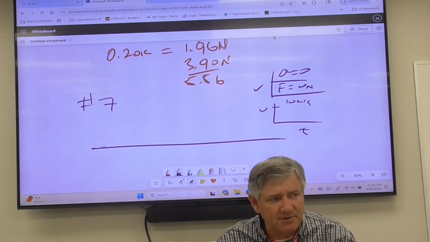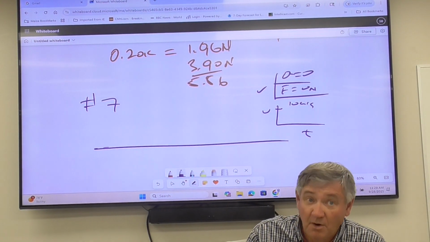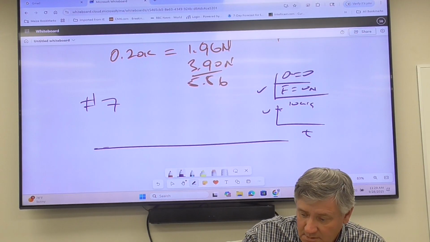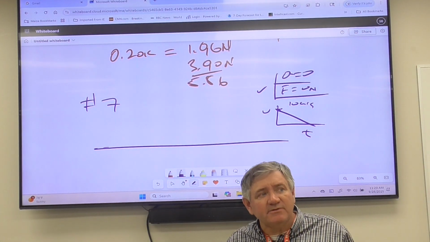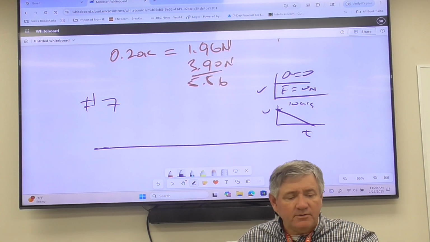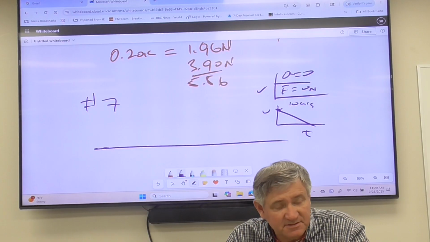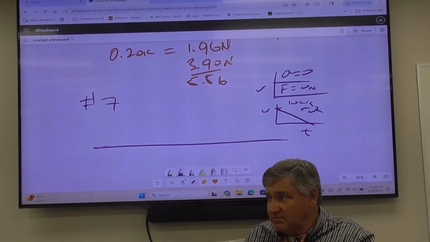What's your velocity time graph going to do when you hit the brakes? Hopefully go to 0. You don't have to find the time, but understand this is what's going to happen. You're going to go from 10 meters per second to 0. Are you going to accelerate? Is your acceleration going to be positive or negative? Negative. So you have some negative acceleration.